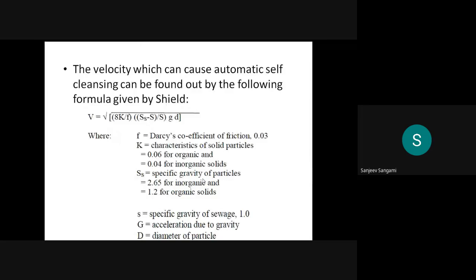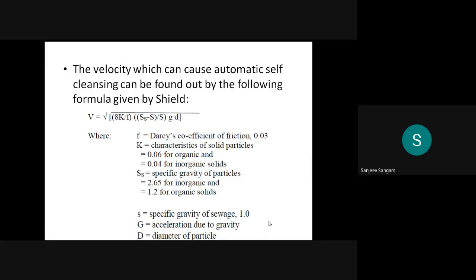Ss is the specific gravity of the particles, and normally it is assumed to be 2.65 for inorganic and 1.2 for organic solids. The specific gravity of the sewage is assumed as 1, G is the acceleration due to gravity, and D is the diameter of the particle.